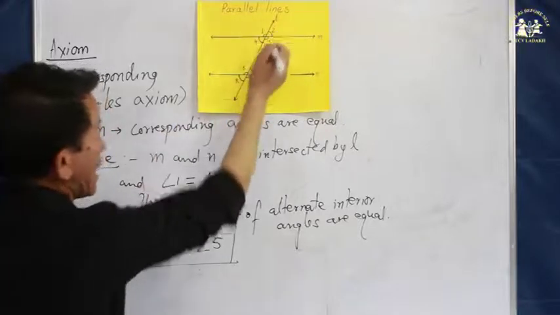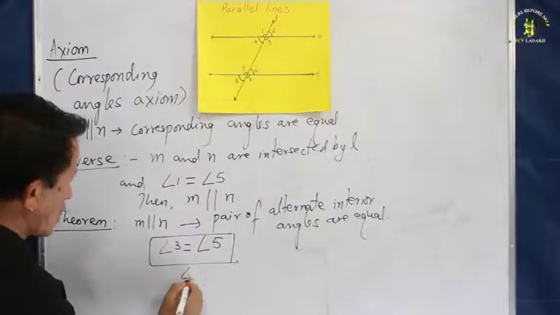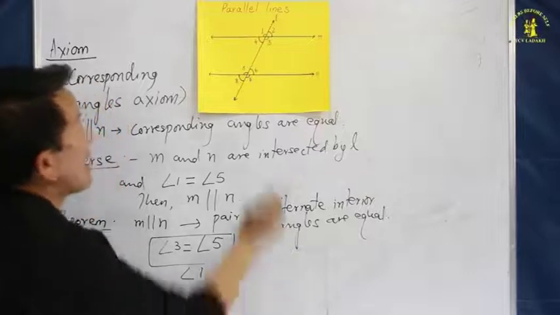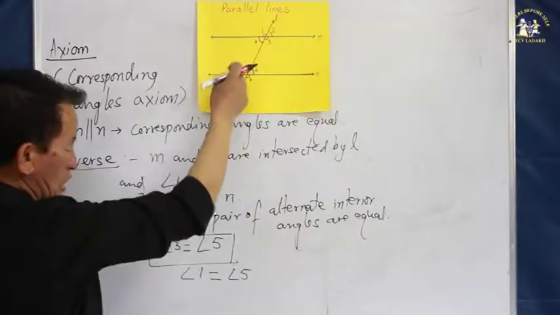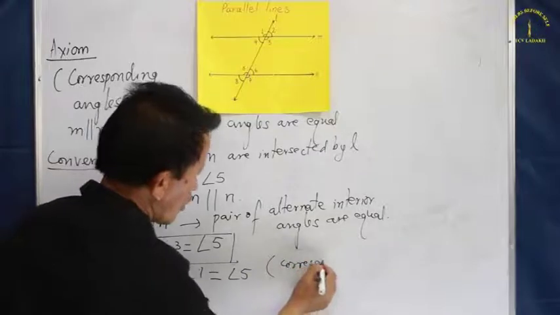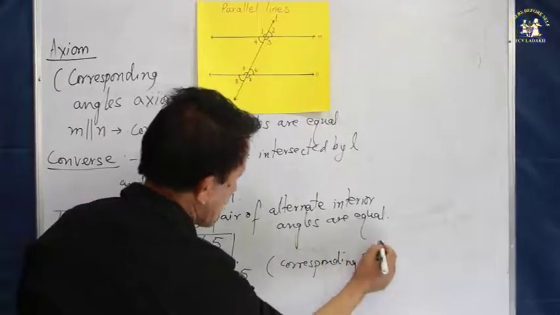So let's say angle 1 is equal to angle 5, corresponding angles.